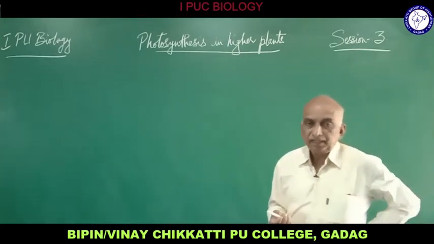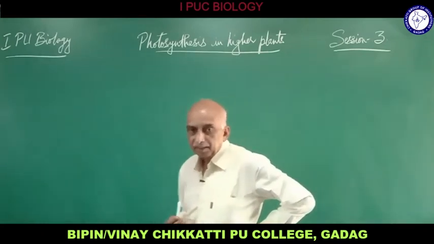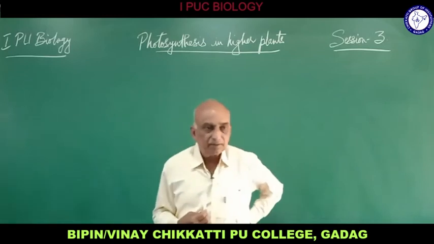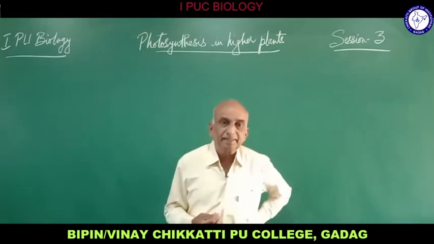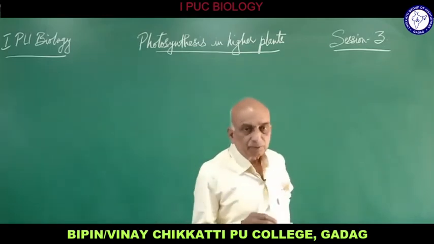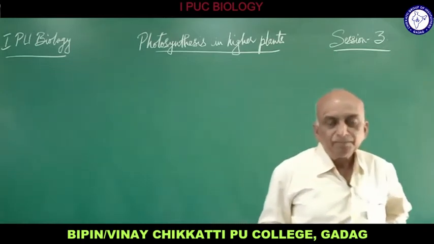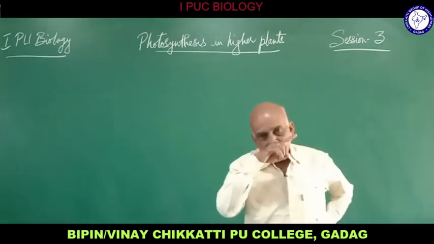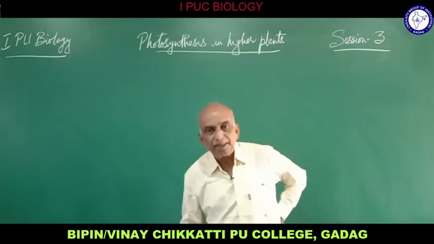But the electrons of PS1 are accepted by the primary acceptor. The first electron acceptor is the primary acceptor, and ferredoxin is the primary acceptor.